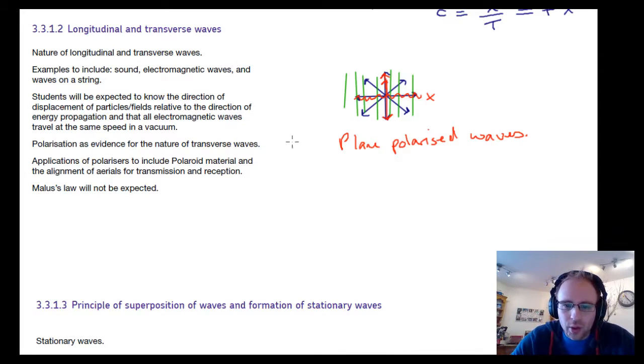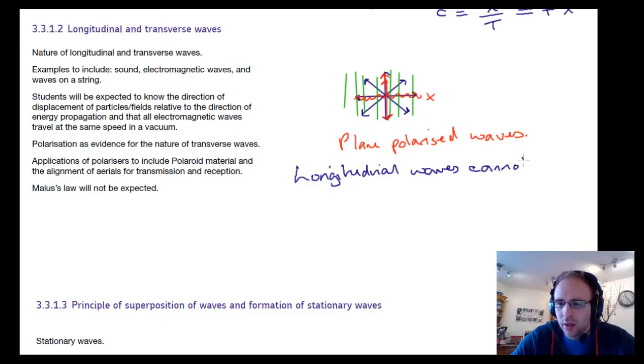Longitudinal waves cannot be polarized. Transverse waves can. Yay.